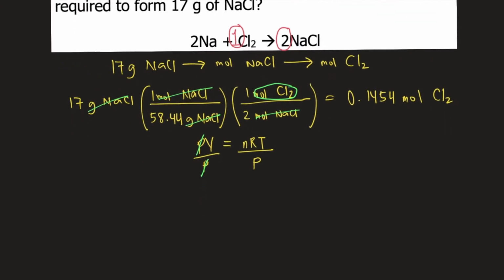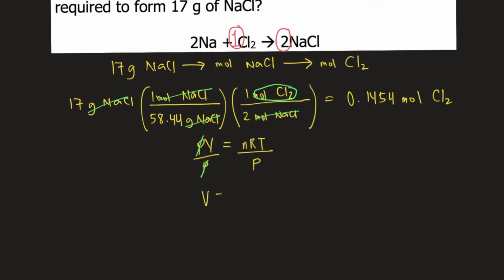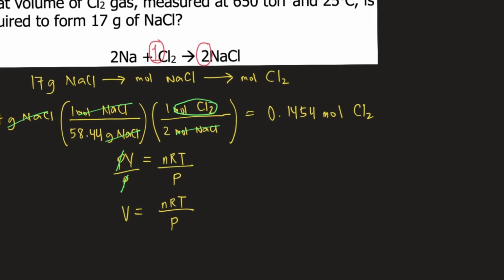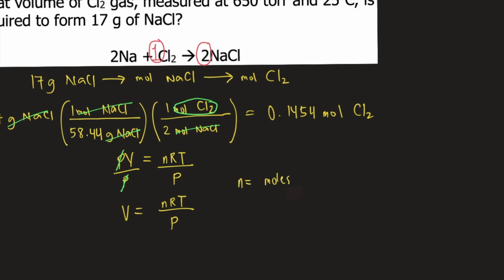And your formula is volume is equal to nRT over P. Now we know that n is equal to the moles of gas. We solved that earlier, 0.1454 moles.